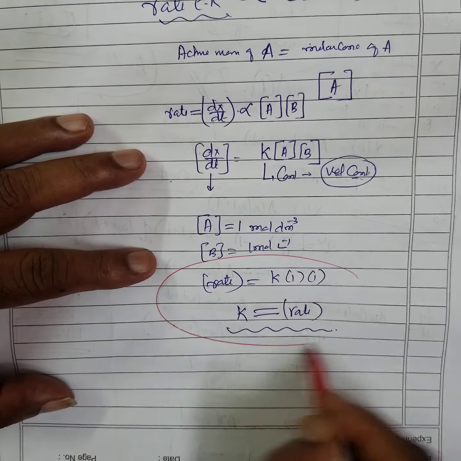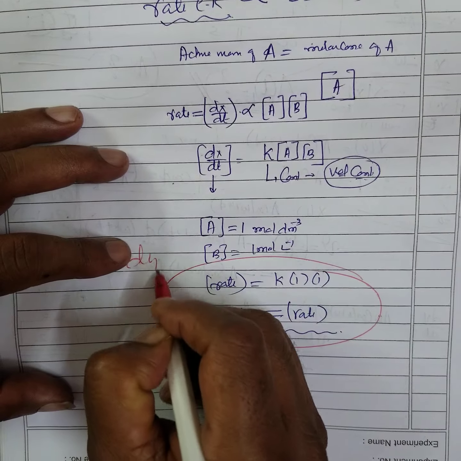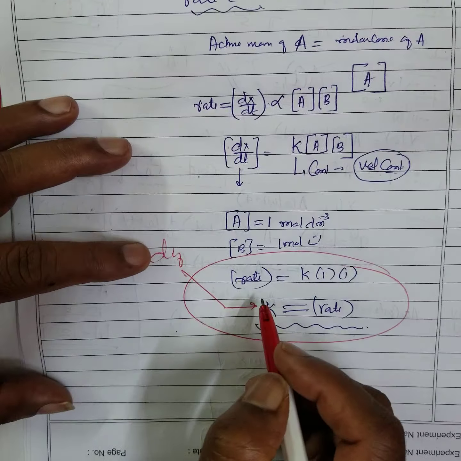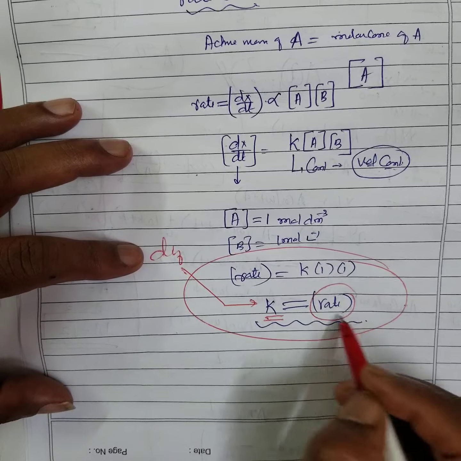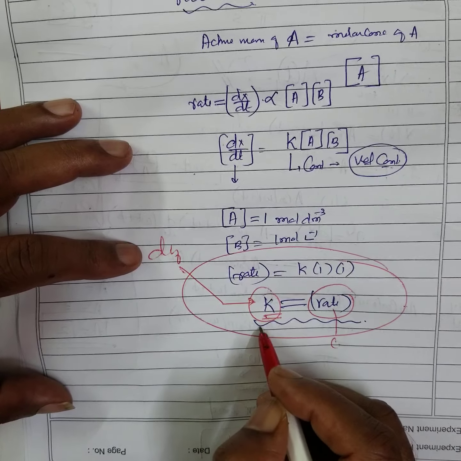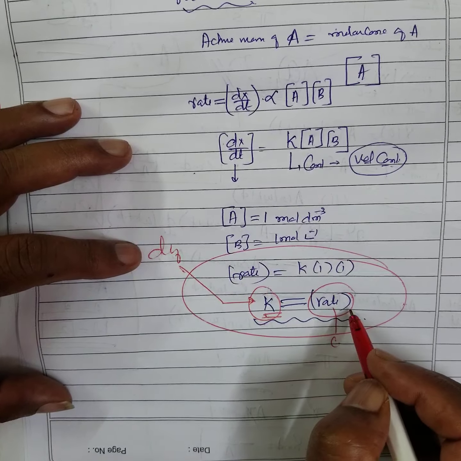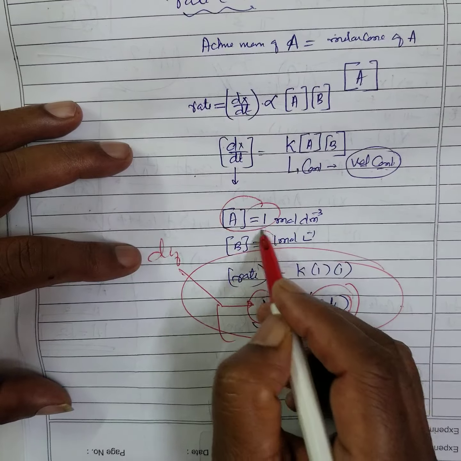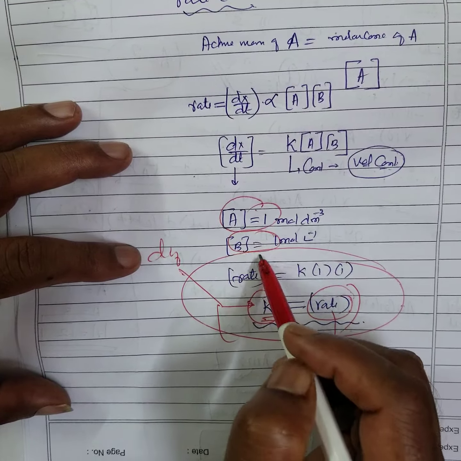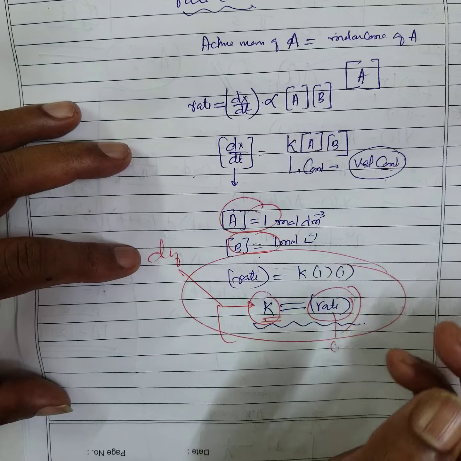Your definition of rate constant you will arrive at from this. The rate constant of a chemical reaction is equal to the rate of the reaction when unit molar concentrations of the reactants are taken.